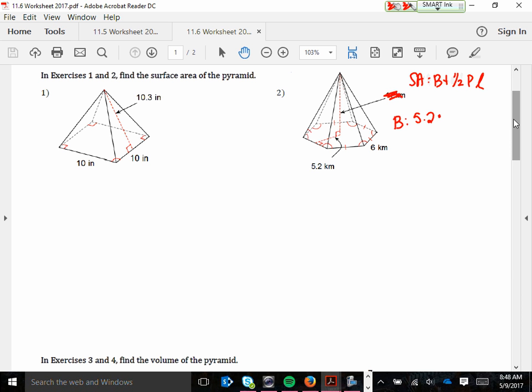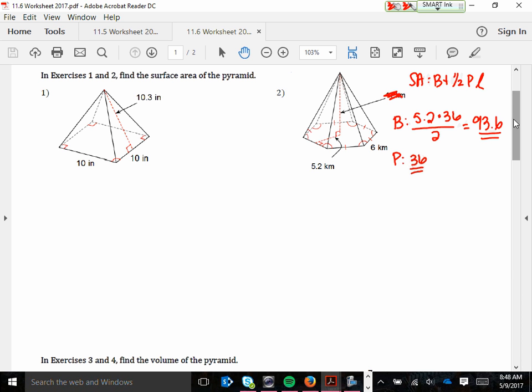What would the perimeter of the hexagon be? 6 times 6 sides, 36. So 5.2 times 36 divided by 2. I'm getting 93.6. That would be the area of that hexagon.